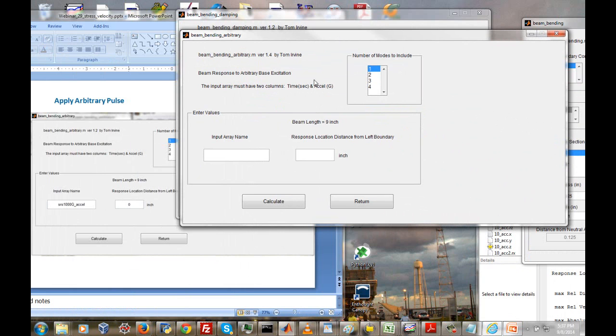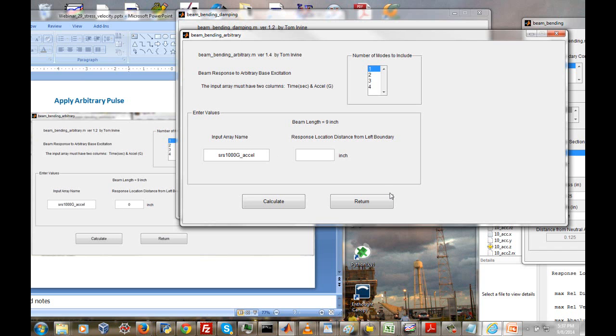So let's call in our input array, which is going to be that SRS 1000G underscore Excel. That's the acceleration time history synthesized to meet our SRS specification. And we'd already preloaded that into MATLAB because it's a library function.